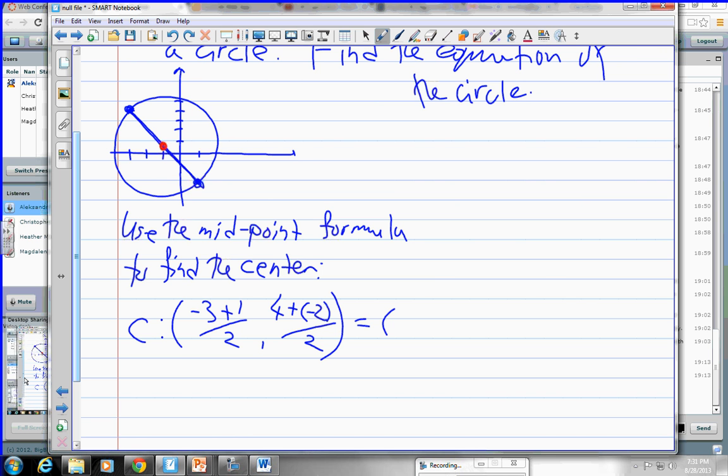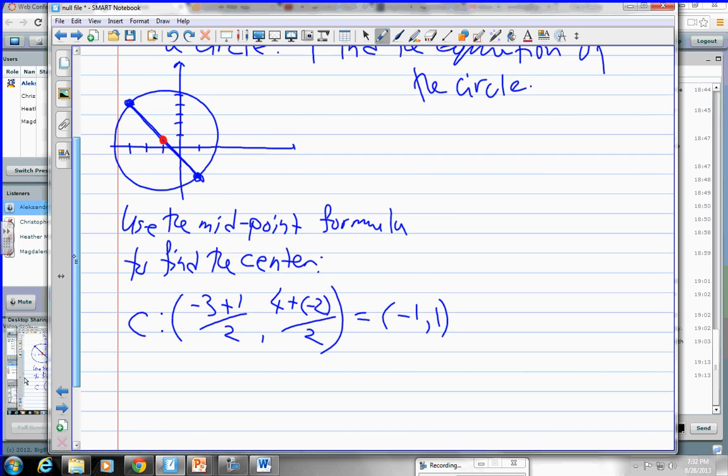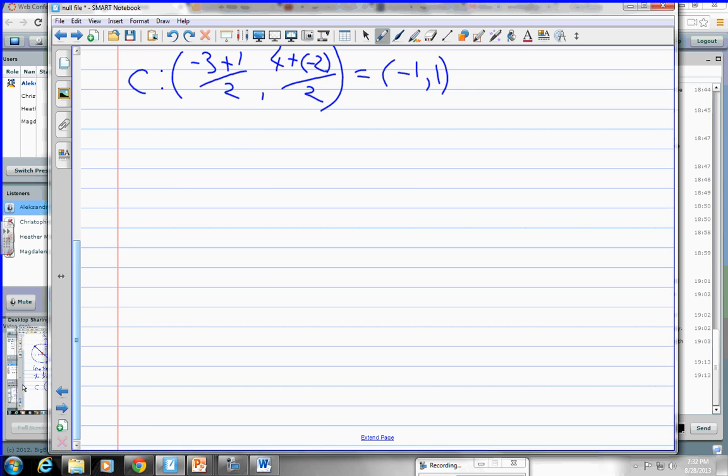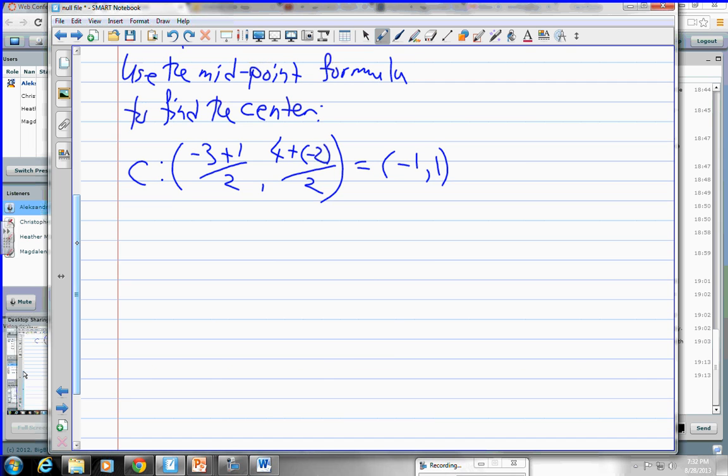Well, it's negative 2 over 2, so it's negative 1 and 1. So that's the center. Good. So we use that midpoint formula to find the center. So far, we have x plus 1 squared plus y minus 1 squared equals r squared.